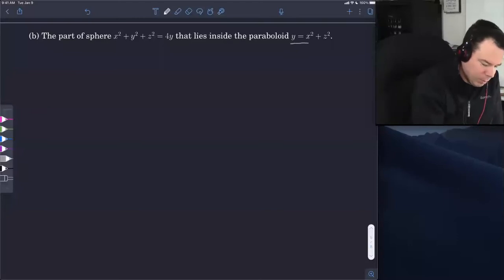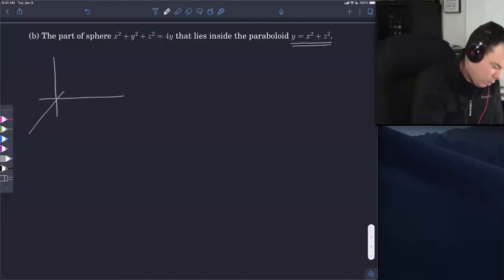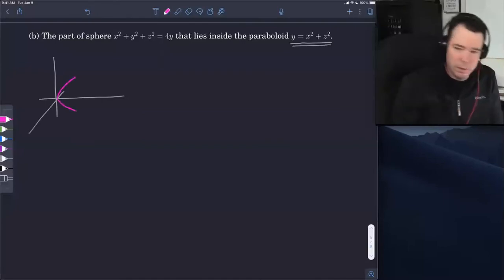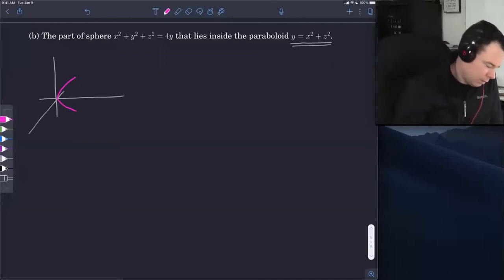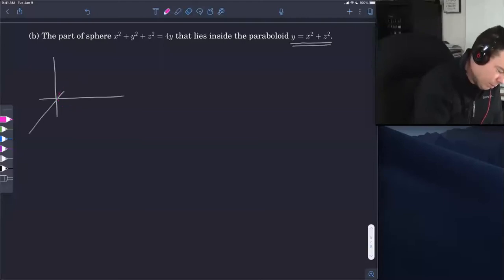If I look at this paraboloid, I see it's the paraboloid opening along the y-axis. So it's going to be opening like this, and we'll fill in how much more we have to consider in a second. Maybe I'll make it a little bit wider, because I have to fit a sphere inside there.